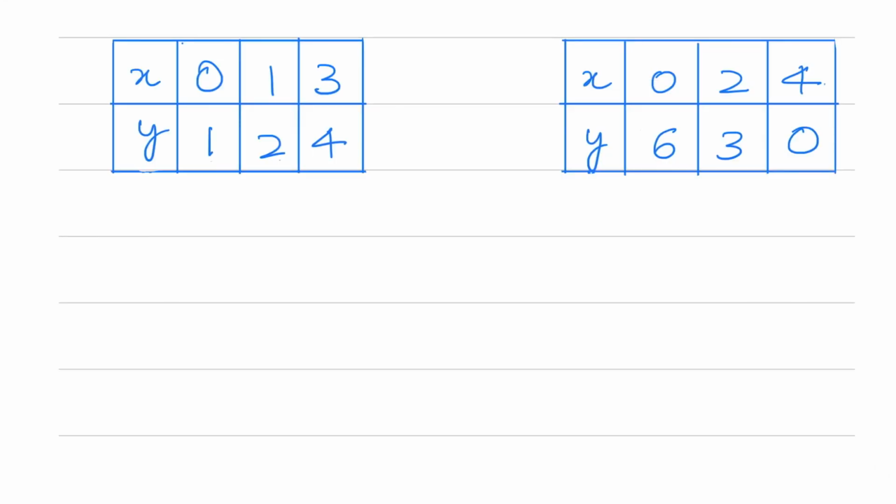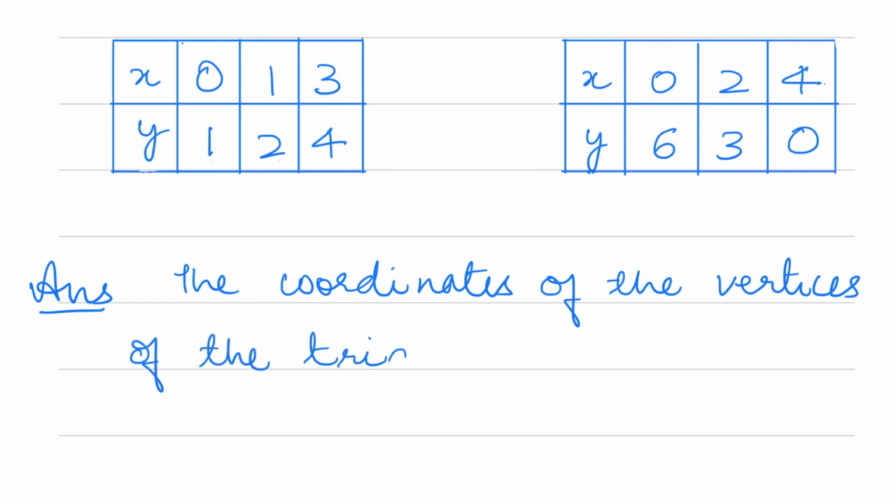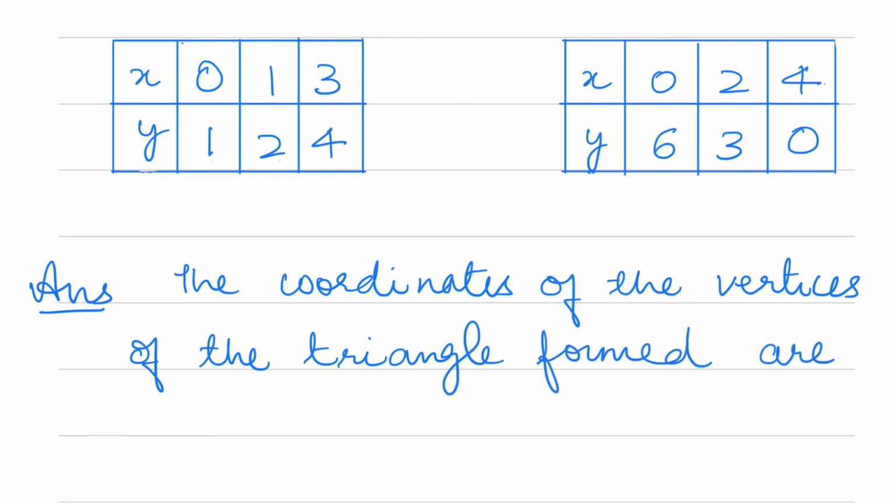So from the graph we have seen that the coordinates of the vertices of the triangle formed are: one vertex is minus 1 and 0, second is 4 and 0, and the point of intersection of those two lines was 2 and 3.